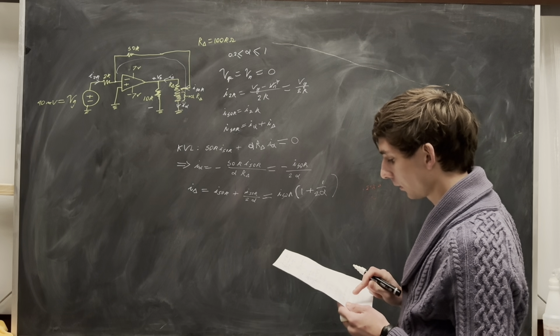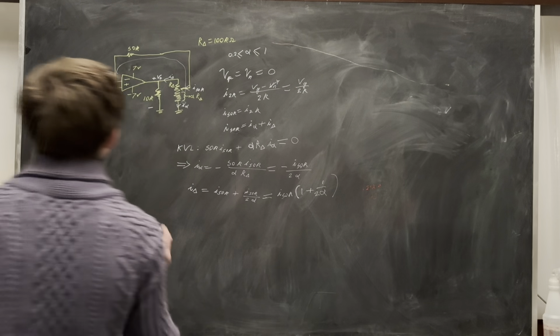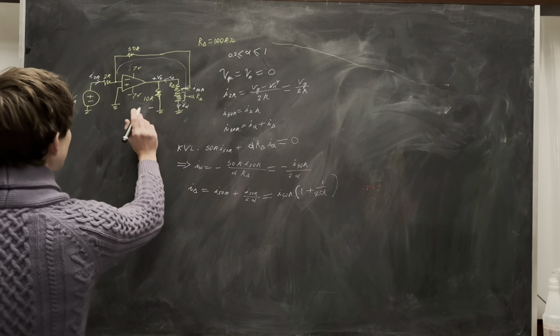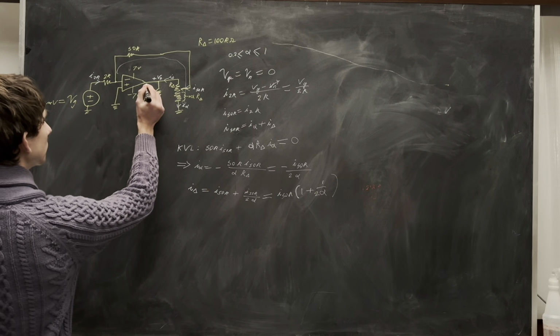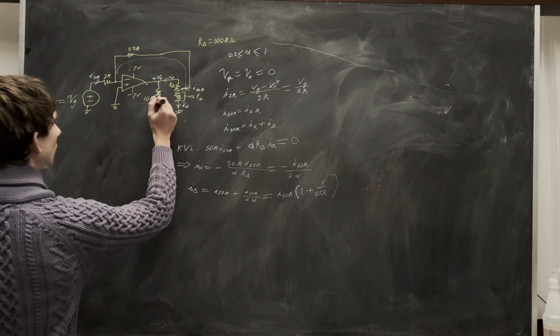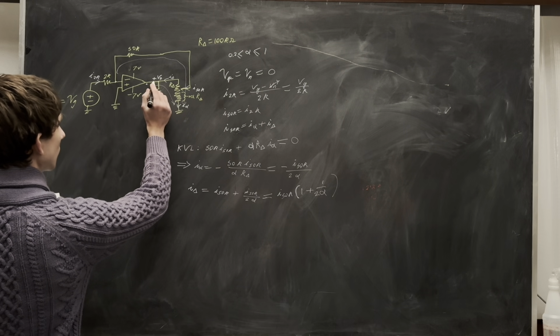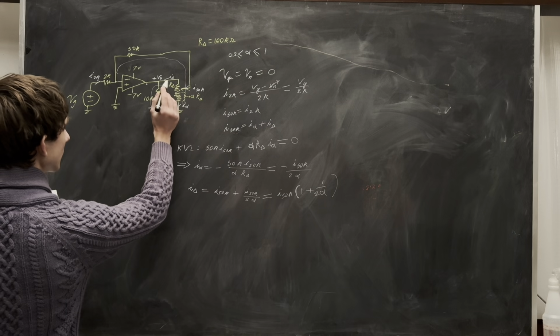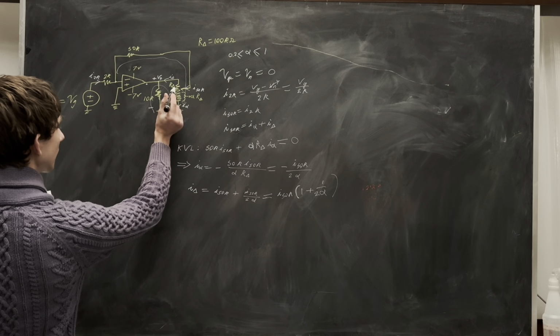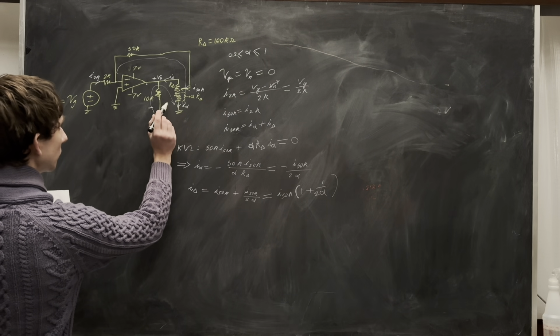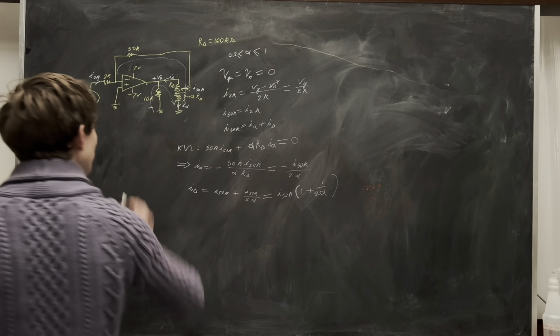We can do KVL again. So you see that we have a closed loop. If we go around here, you can say that V out equals minus I delta times this section of R delta plus I alpha times this section of R delta.